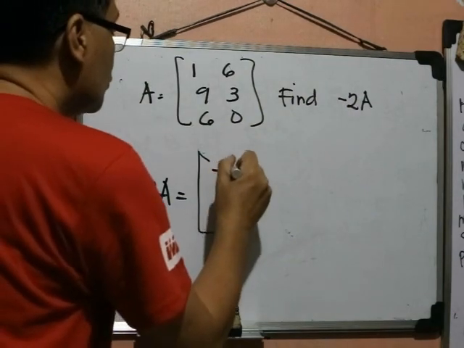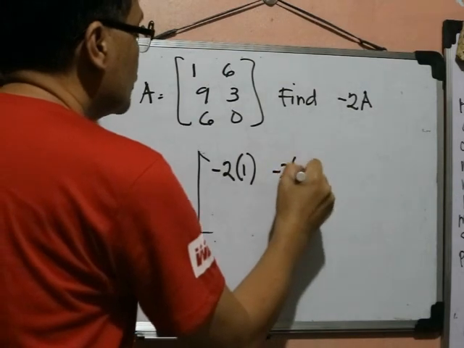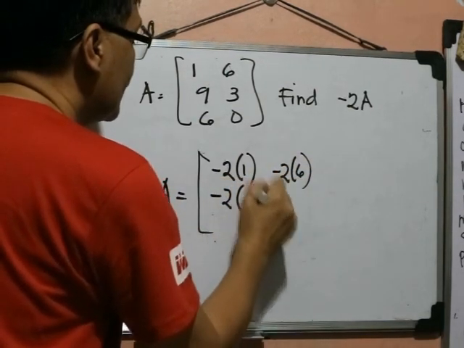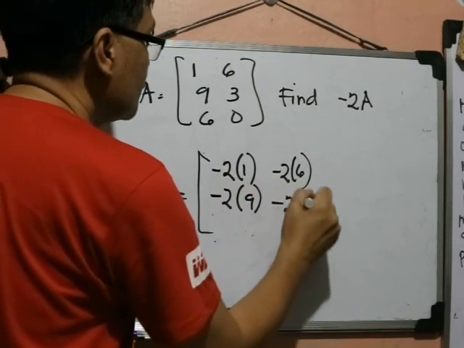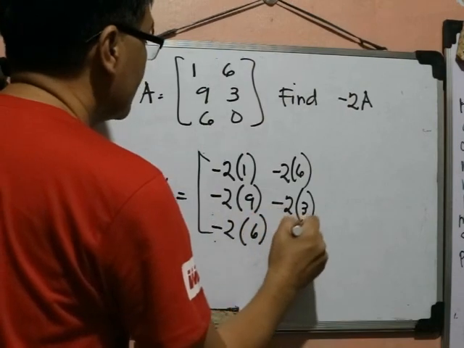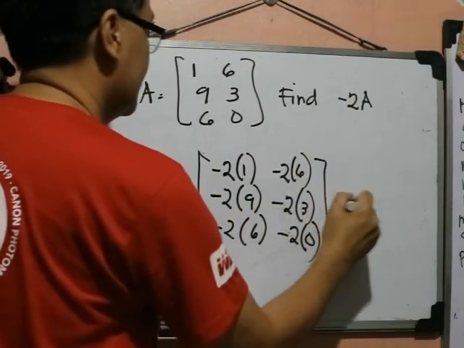So, negative 2 multiplied by 1, negative 2 multiplied by 6, negative 2 multiplied by 9, negative 2 multiplied by 3, negative 2 multiplied by 6, negative 2 multiplied by 0. Yan.